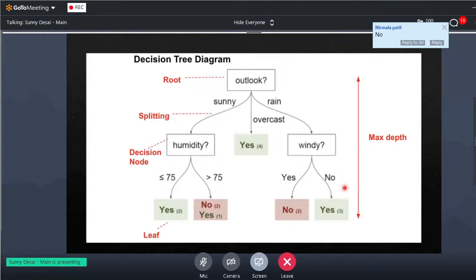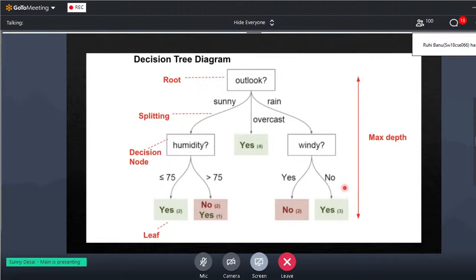So some are saying yes, some are saying no, some are saying can't decide. Shruti is saying can't decide. Anjana is saying can't decide. Shehzadi says no, can't decide. Why can't you decide?